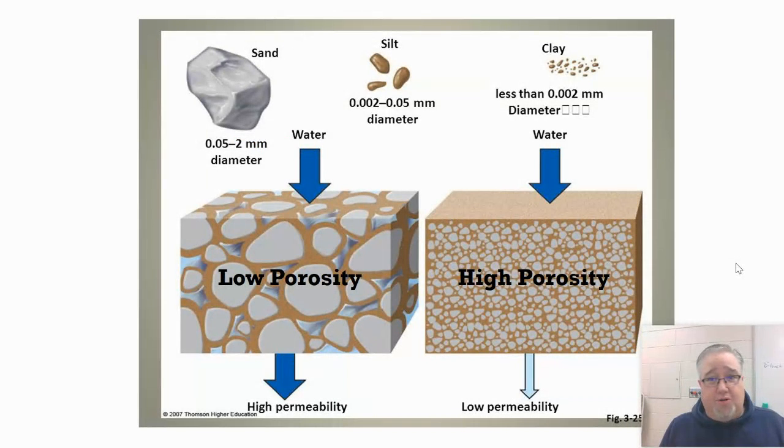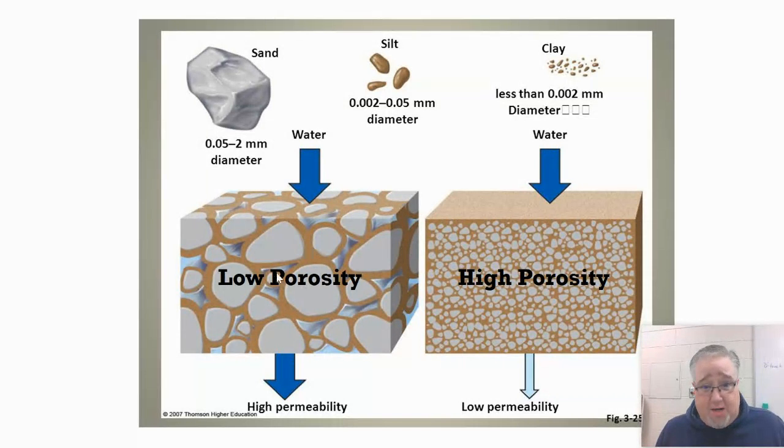All right, here's another picture that shows us something similar. Let's say, for example, over here on the left, you've got a sandy soil, and over here on the right, you have a soil that has a higher clay content. You can see, for example, the sizes of these particles, right?